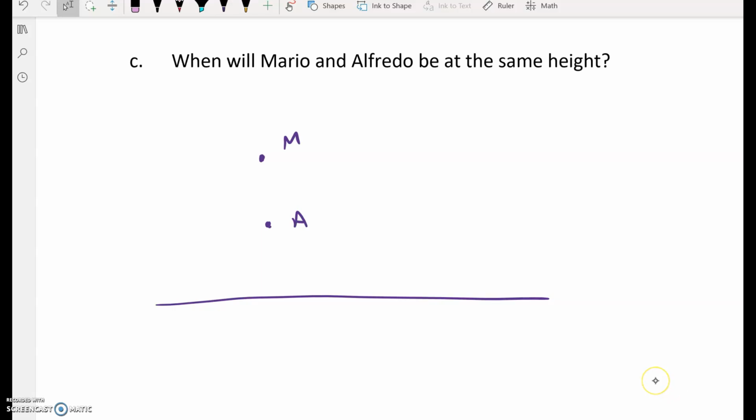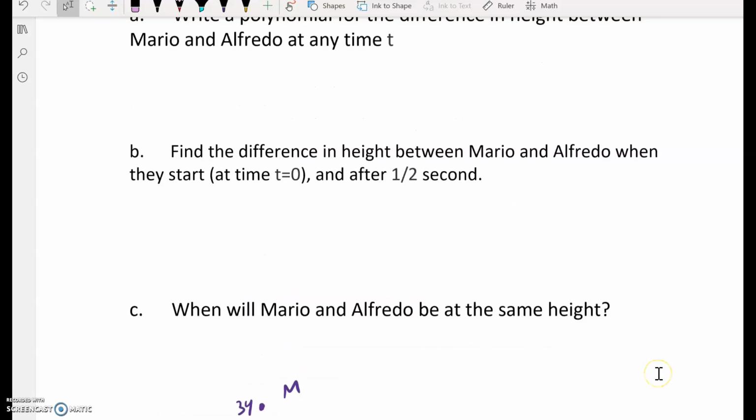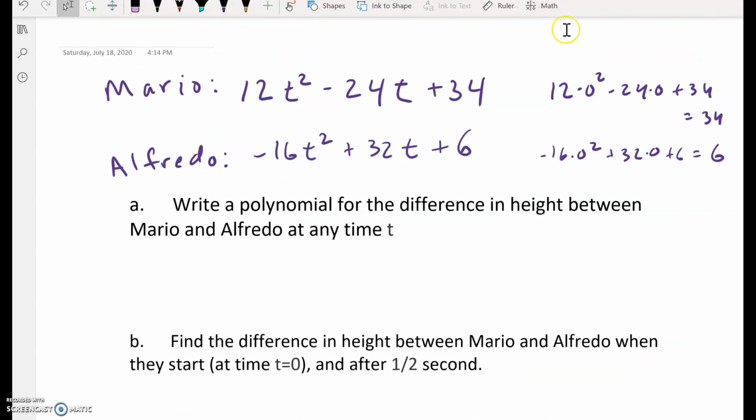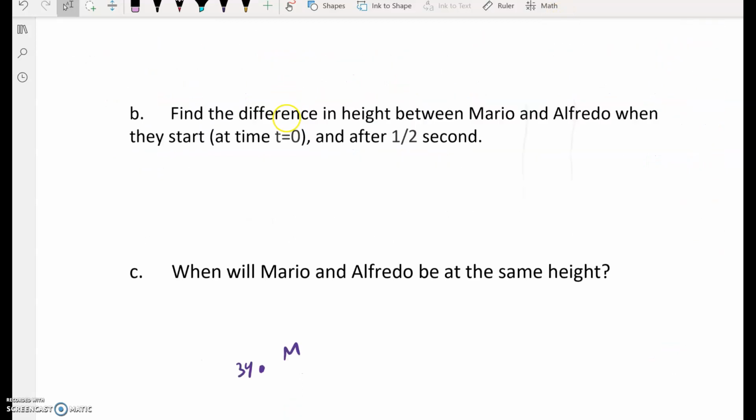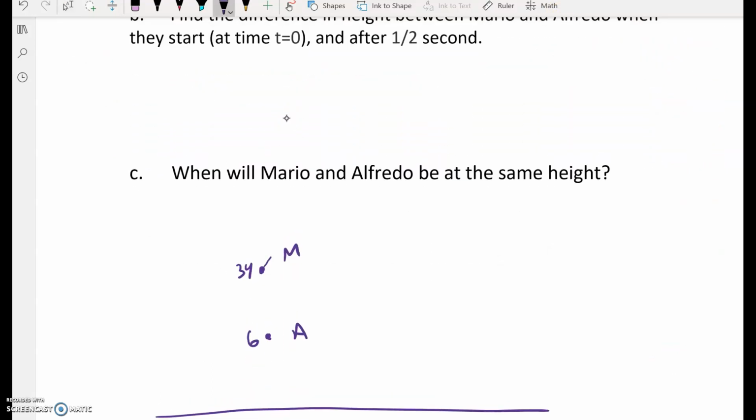In the beginning, Mario is 34 feet above the ground, Alfredo is 6 feet above the ground. Presumably Mario is going up, and Alfredo is probably going up at a different rate, maybe a little bit slower. So what is the height at any given moment t?